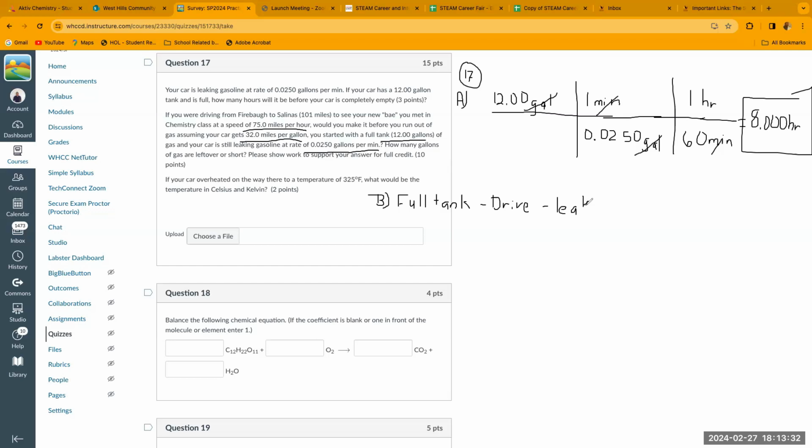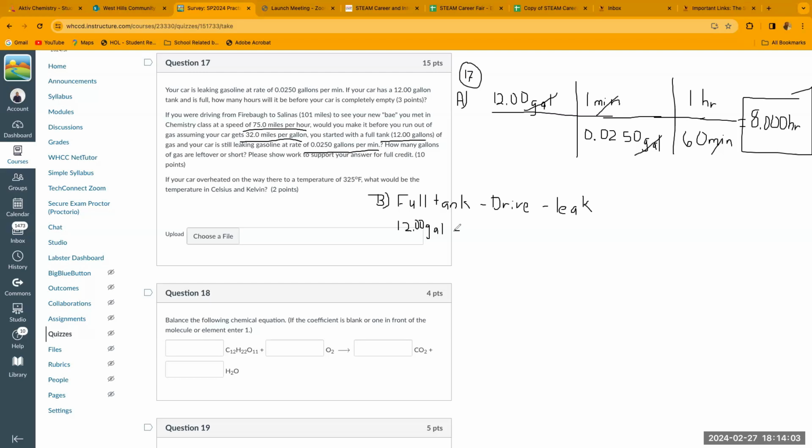Okay, so how many gallons do we have if it's a full tank? It says 12. So we have a 12-gallon tank, 12.00 gallons.